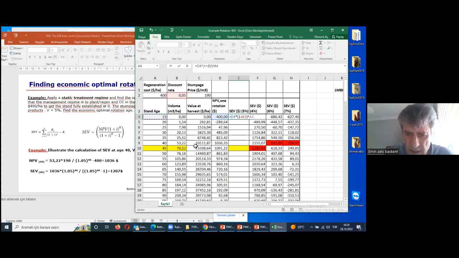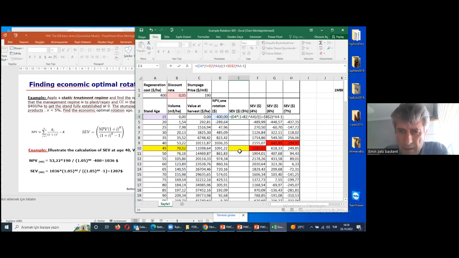We'll have to make sure that this is taken into parentheses, and we divide by 1 plus interest rate, fixed, to the power of rotation period minus 1.